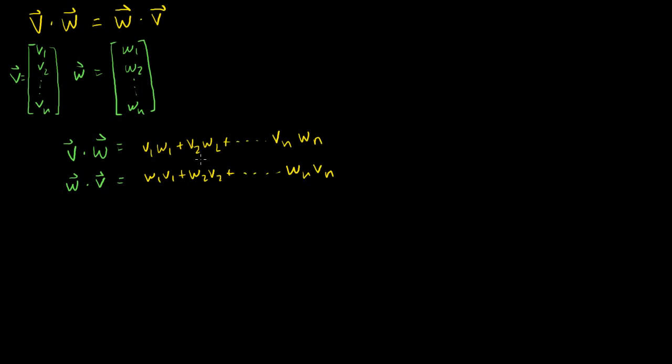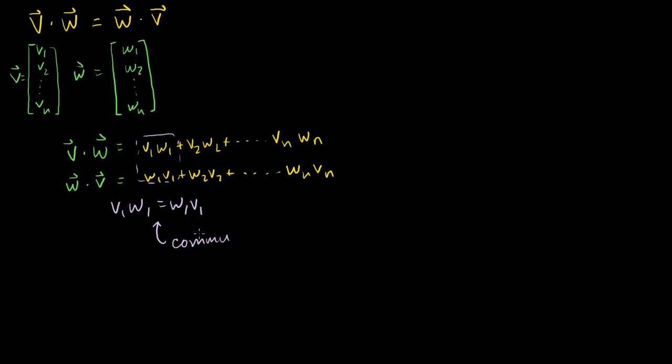Now, these are clearly equal to each other, because if you match up the first term with the first term, v1 w1 is equal to w1 v1. And I can say this now because now we're just dealing with regular numbers. Here we were dealing with vectors, and we were taking this weird type of multiplication called the dot product. But now I can definitely say that these are equal because this is just regular multiplication, and this is just a commutative property.